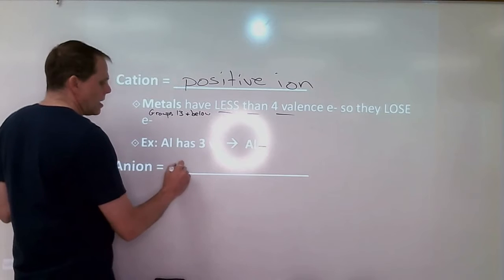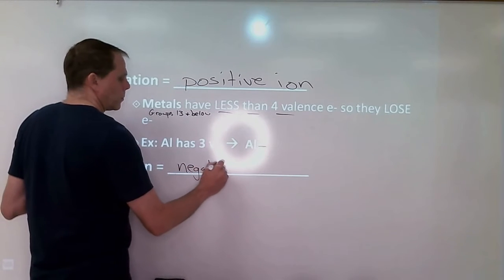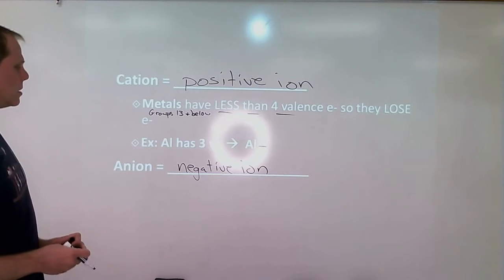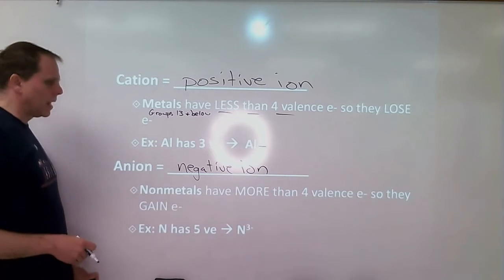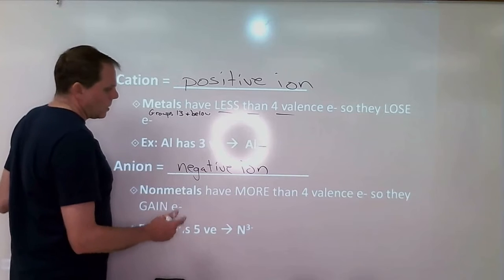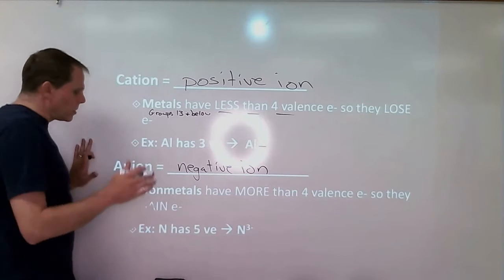The anion is that negative ion. Again, just a little bit of review here. Doesn't hurt to know it again and again. And this is going to be groups 14 and above. Or 14 is kind of that middle line where it could go either way a lot of times.